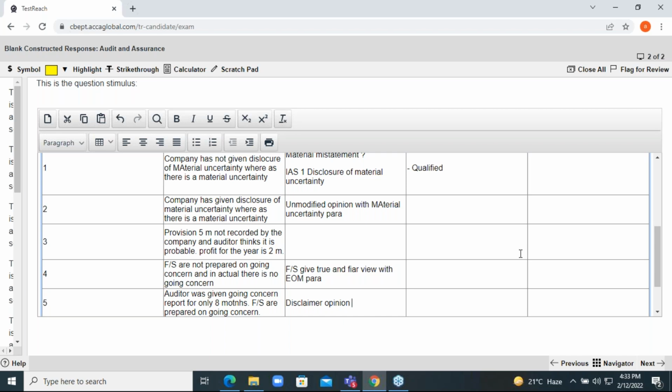They have not prepared sufficient and appropriate evidence regarding going concern. So disclaimer of opinion will be issued. Adverse opinion will be issued if they have provided all the sufficient appropriate evidence, complete 12 months evidence, and we are sure that they are not a going concern, and management has prepared financial statements on going concern. In that case, we will issue this type of opinion.